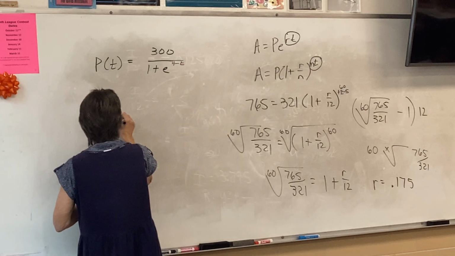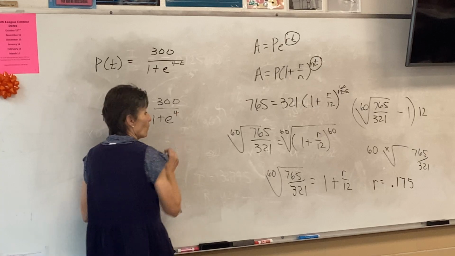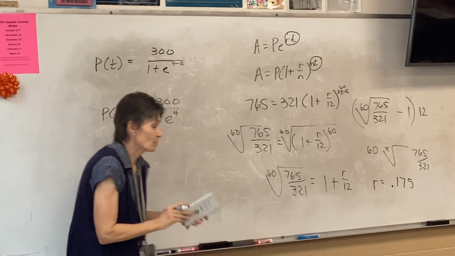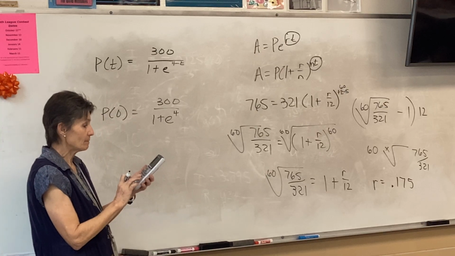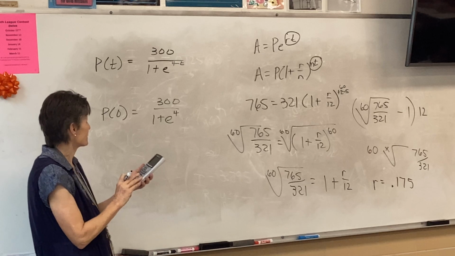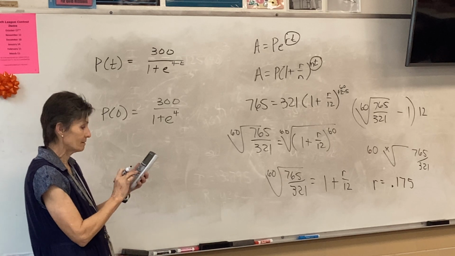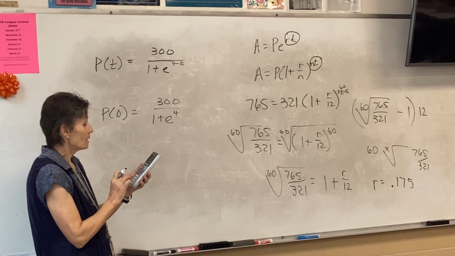So basically, I have 300 over 1 plus e to the 4. So I just type that in. 300 divided by parentheses 1 plus e to the 4, ln 4.